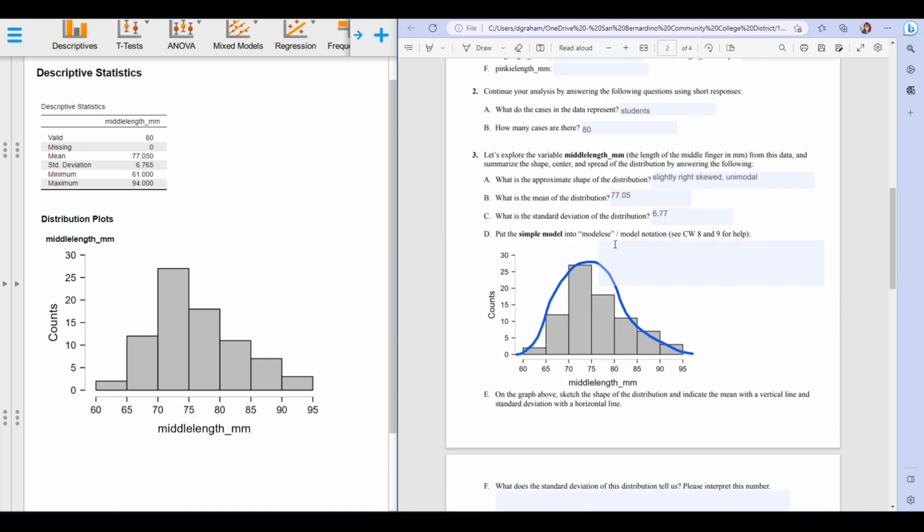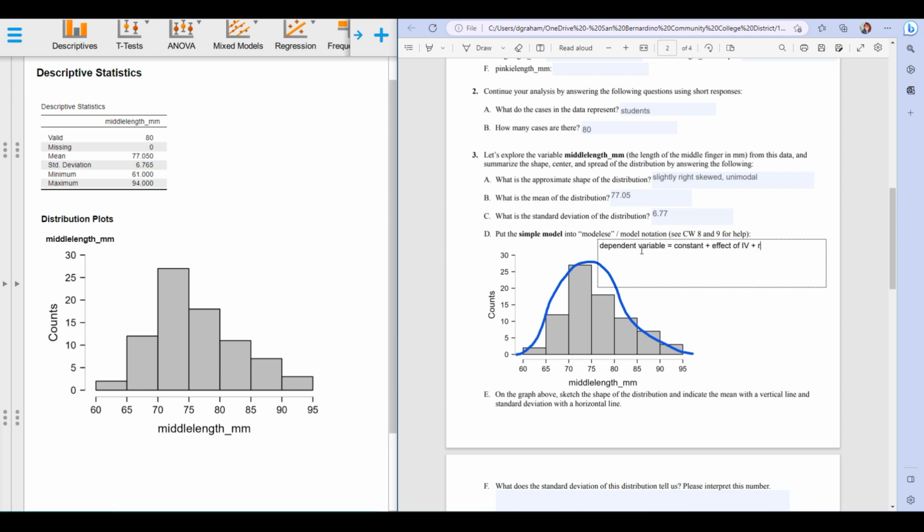And this part is where a lot of people tend to get kind of stuck with this idea of writing out our model. So when I say put it into this modelese, that just means use that model notation that we've been talking about since classwork 8. The one that starts out like dependent variable equals constant plus effective IV plus error or residual.